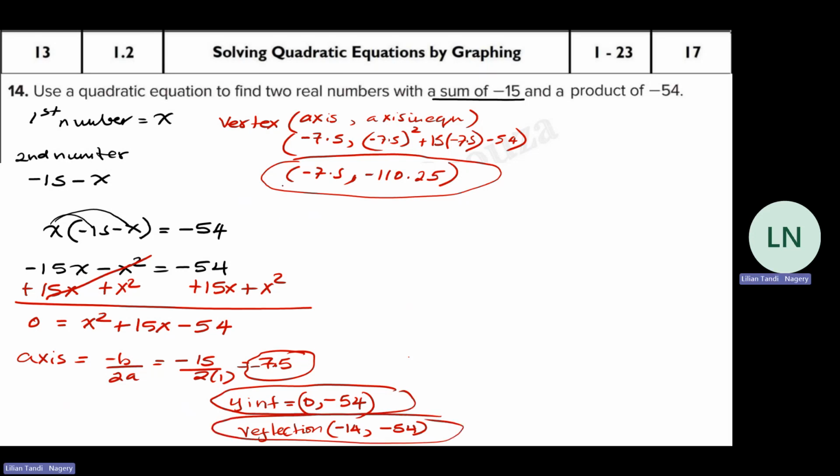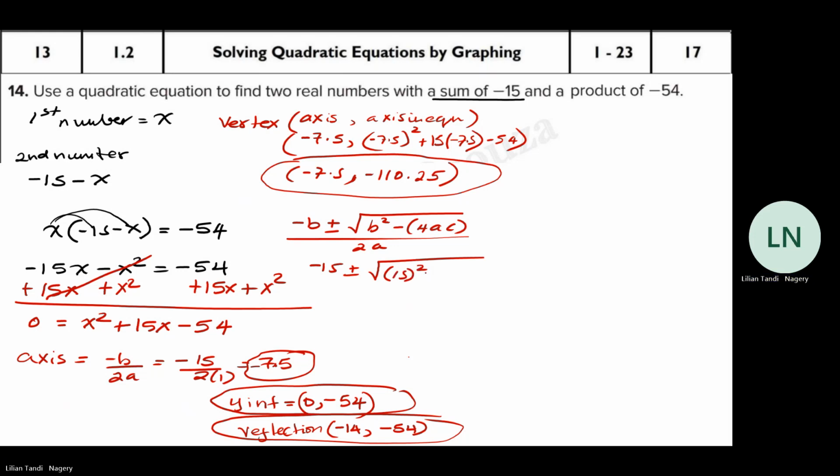All right. After that, I'm going to do the quadratic formula. Negative b plus or minus square root of b squared minus 4ac, over 2a. Negative b will be negative 15 plus or minus the square root of 15 squared and then minus 4 times 1 times negative 54, all over 2 times 1.